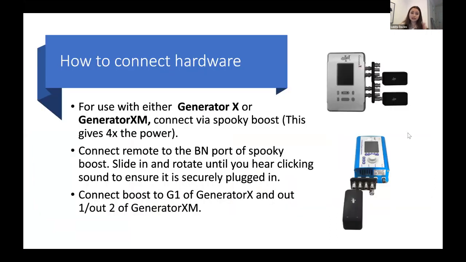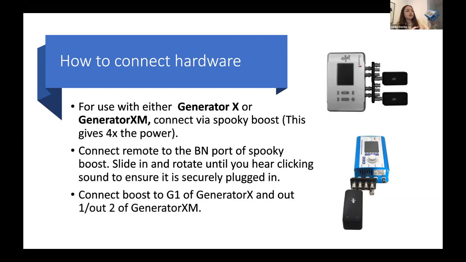Okay, so how to connect the hardware. For use with either the Generator X or Generator XM, you need to connect via the Spooky Boost, because this will give you much more power. I'm just going to show you how to do that. I've got the XM, and this is the Spooky Boost.